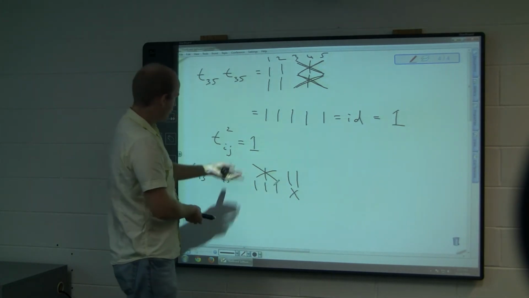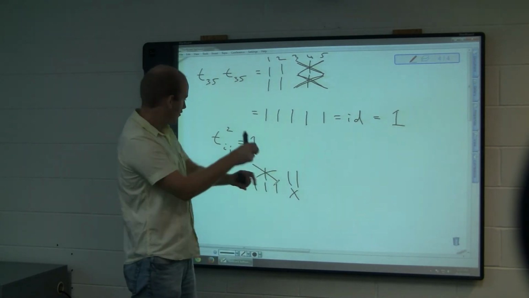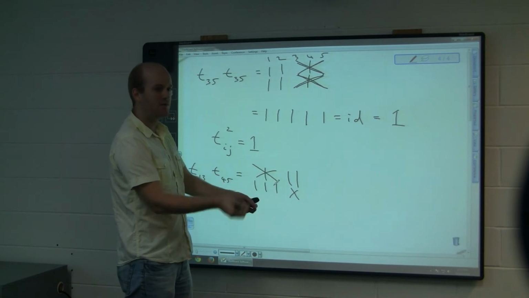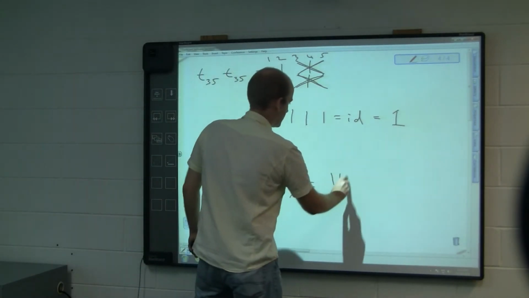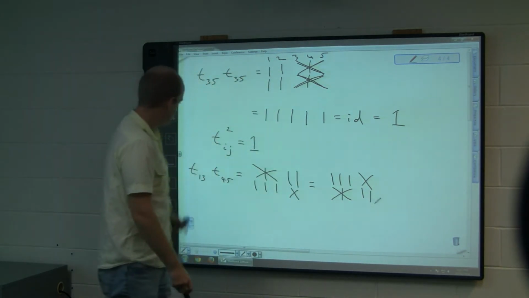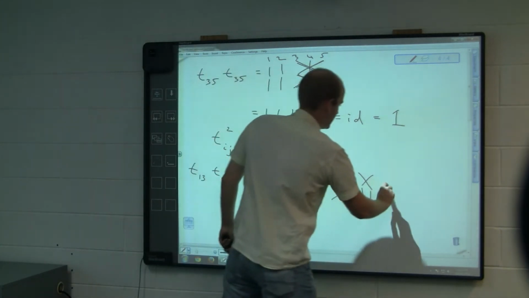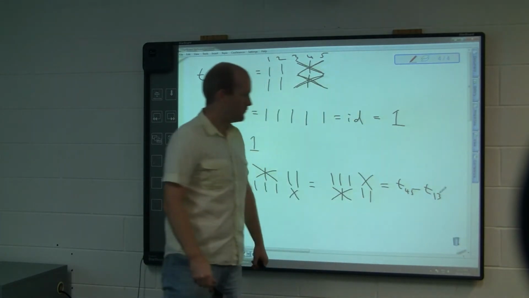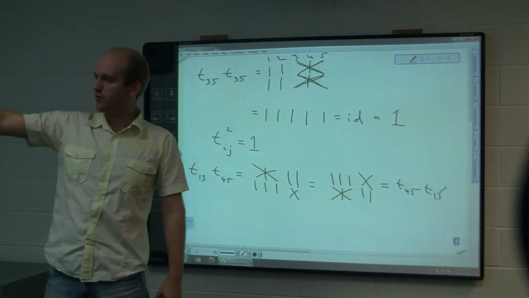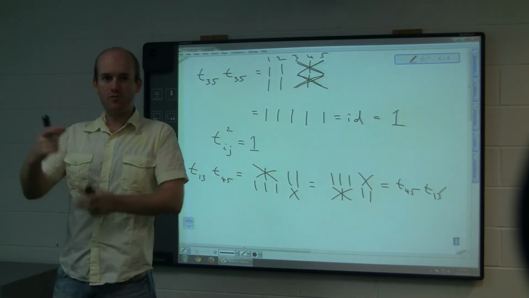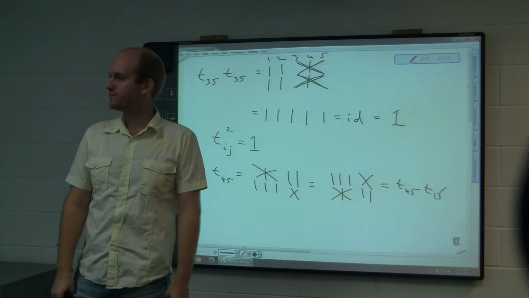But you know, if you were changing the positions of things on the desk, it wouldn't have mattered if you'd done 4 and 5 first, and then 1 and 3. So T13, T45 should be equal to T45, T13. All right. So the second equation there means that basically if you've got 4 distinct subscripts, you can commute these things past each other.